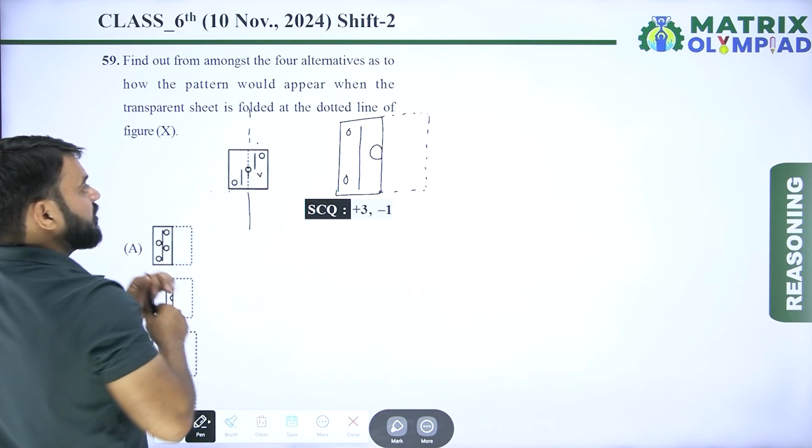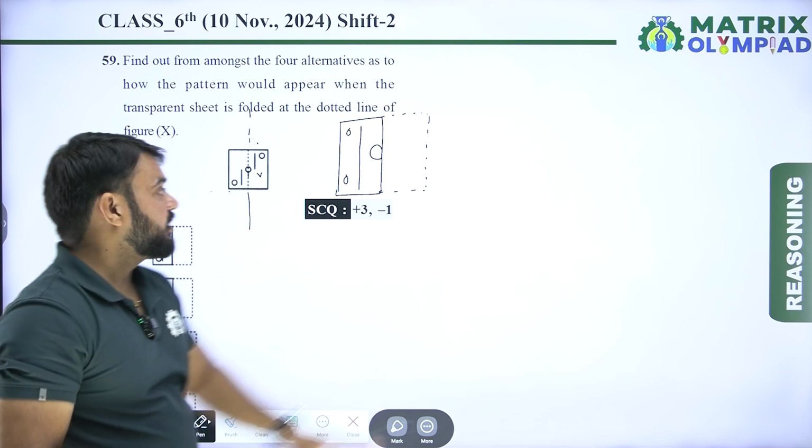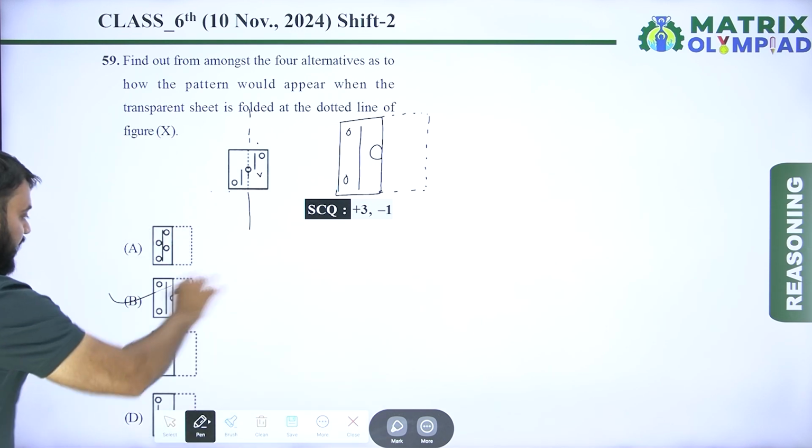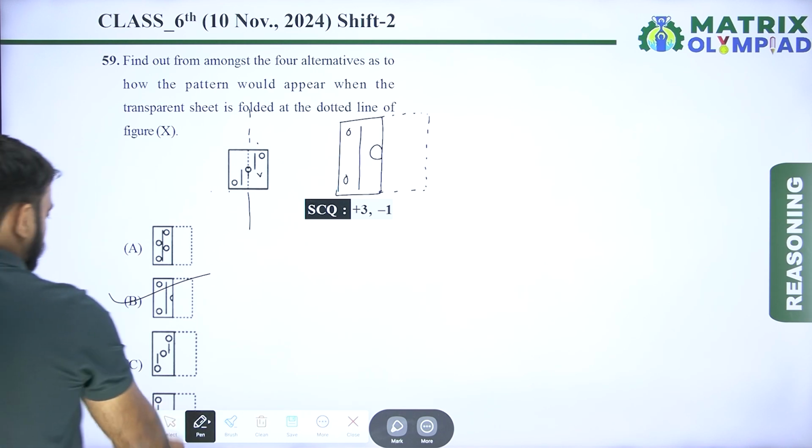This sheet will look something like this after the fold. So here option B is the correct answer of this question. Let's move on to the next question.